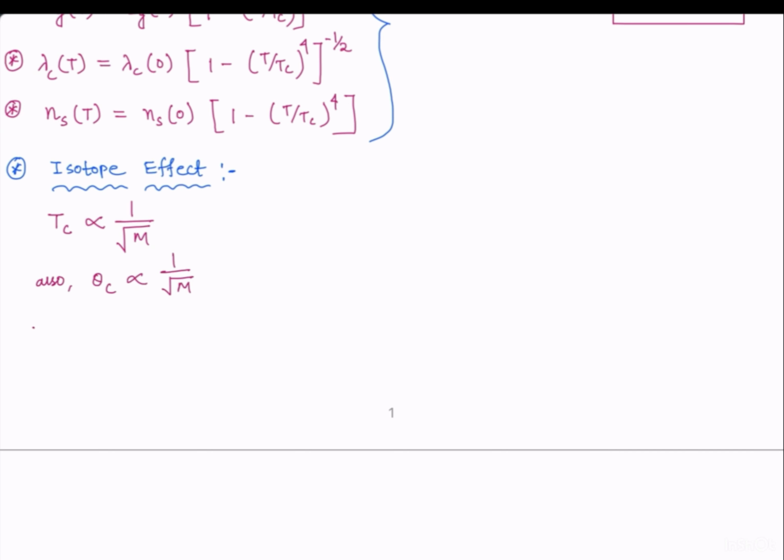Also we write Tc by theta c is constant, where Tc is the critical temperature and theta c will be the Debye temperature.